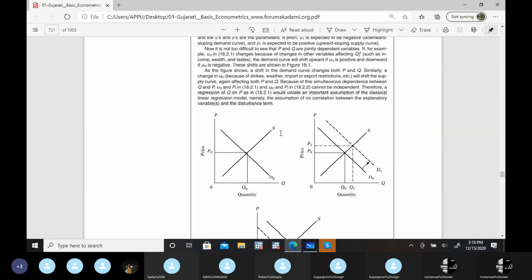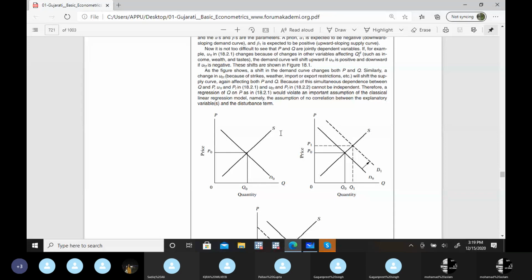So in these simultaneous equation models, if you read this literature in any of the econometrics books, they have clearly mentioned that it's the researcher's duty to first identify what variables he or she is taking as endogenous variables and exogenous variables. I'll come to that point. What are the endogenous variables and what are the exogenous variables?